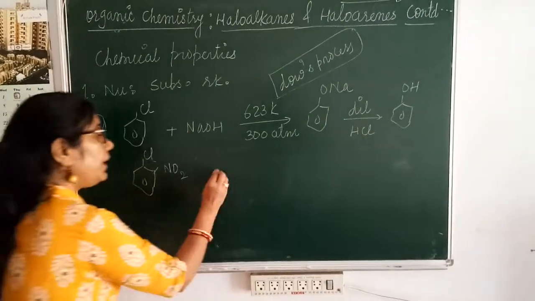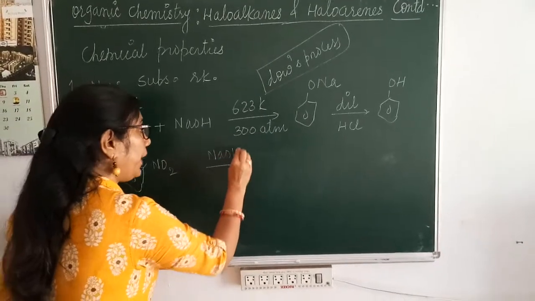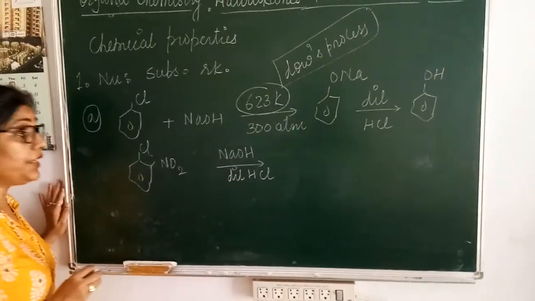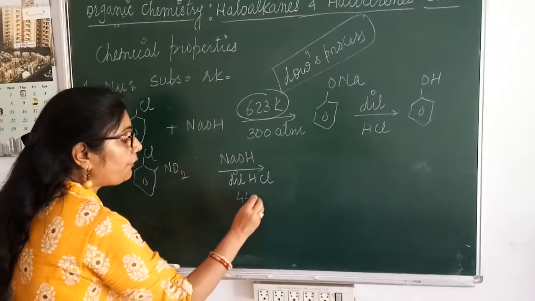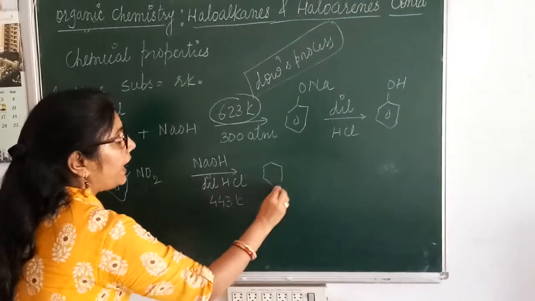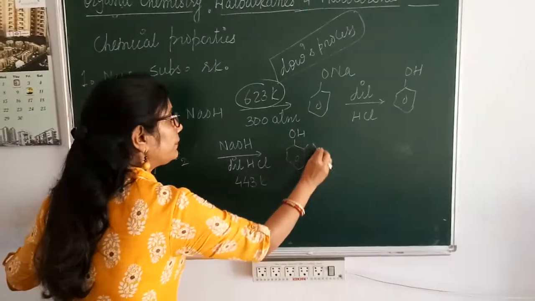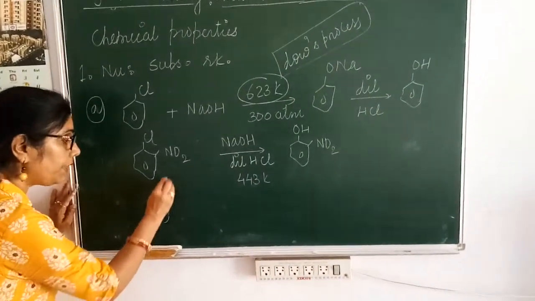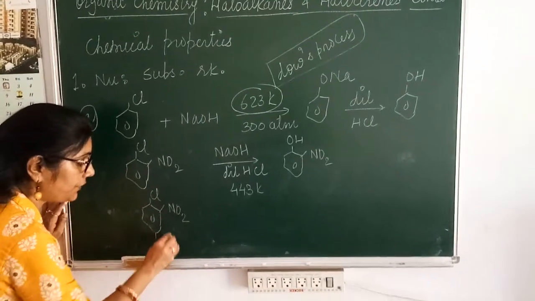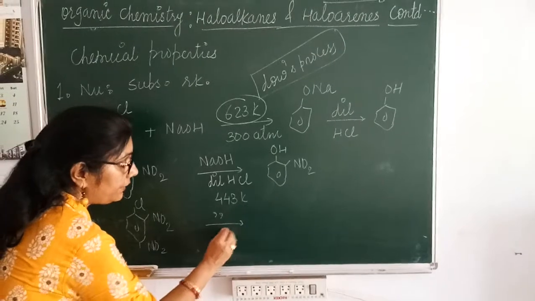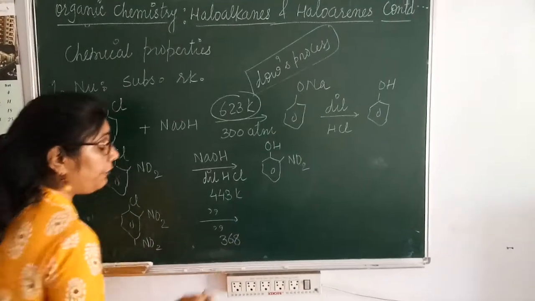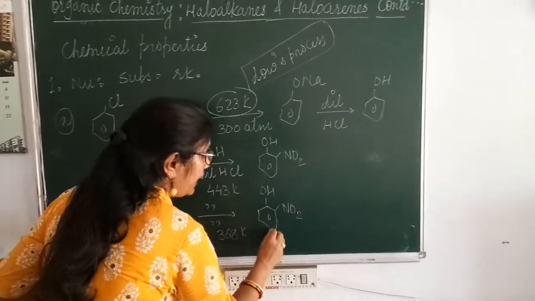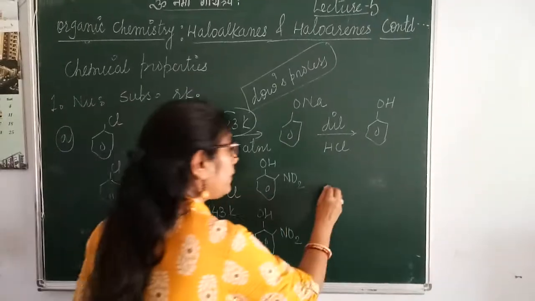And you can see that when it reacts with NaOH followed by dilute HCl, here 623 Kelvin temperature is required, and here 443 Kelvin temperature, and then we get ortho-nitrophenol. And when there are two nitro groups attached, then here the temperature is 368 Kelvin itself, and we get dinitrophenol.